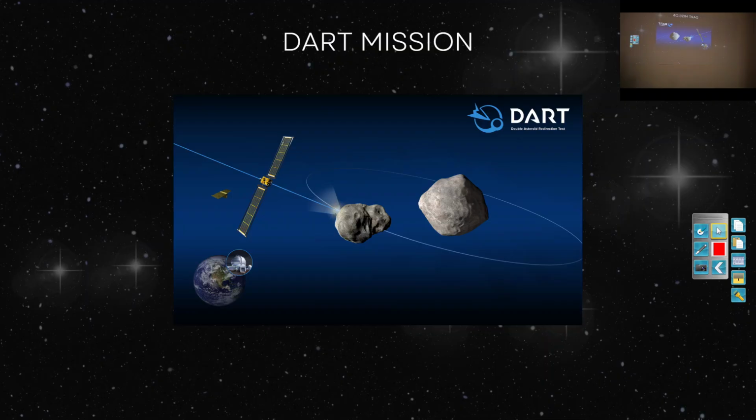First ever test of a planetary defense technique, to deflect an asteroid.